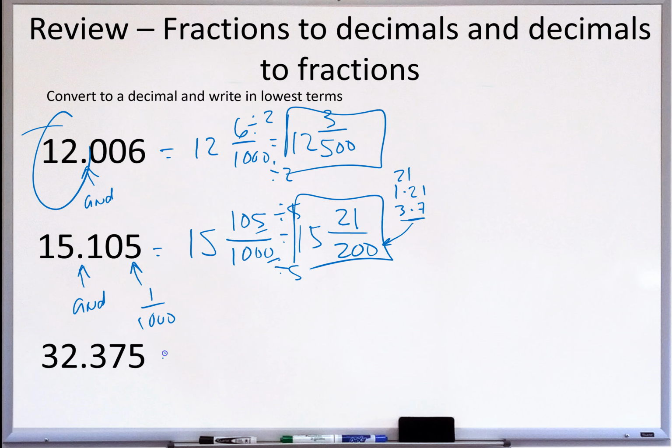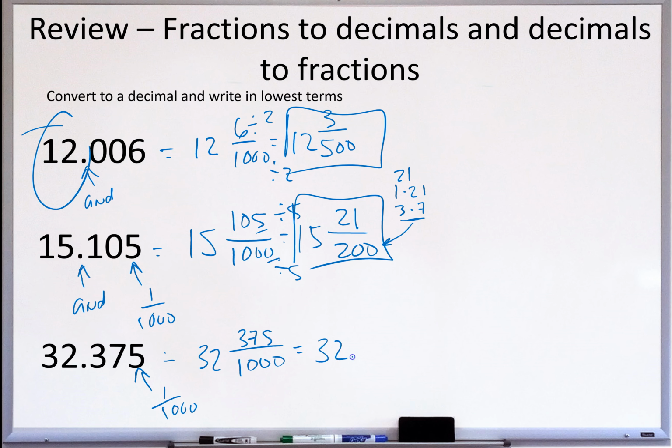And the last one, we're up on 5 minutes now, 32 and 375 thousandths. Because I'm in the thousandths place. So they're both divisible by 5 because they end in a 5 or a 0.